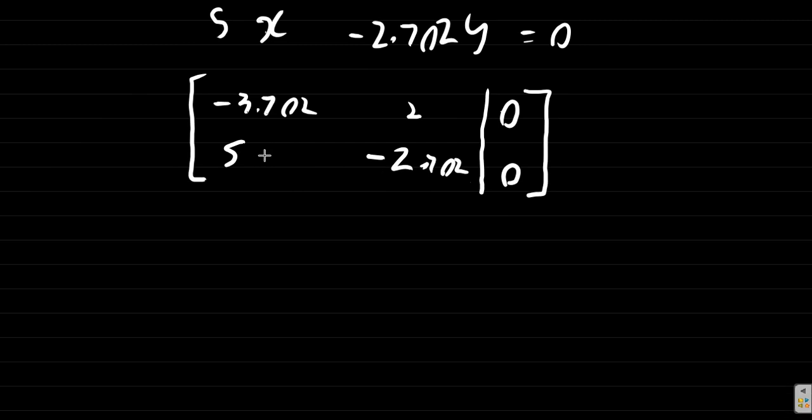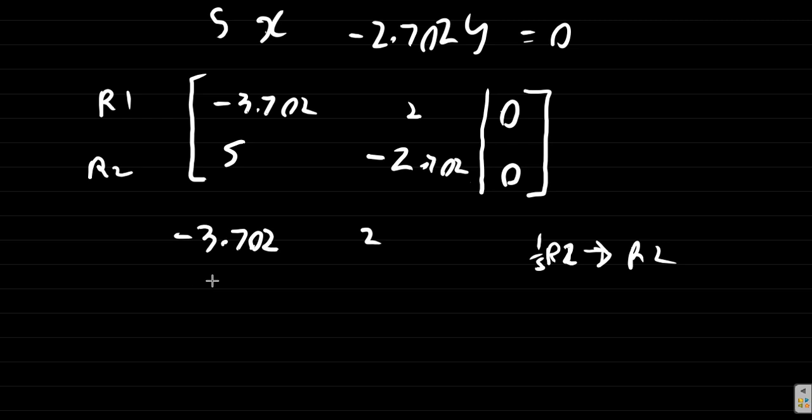Suppose we divide both sides by 5. Call this row 1 and this row 2. We divide row 2 by 5. 1/5 of row 2 leads to our new row 2, and row 1 remains the same.